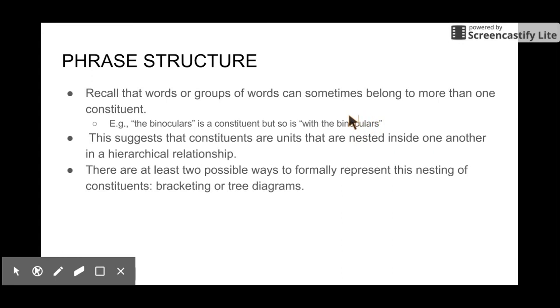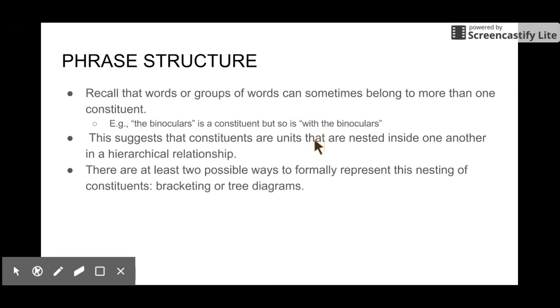For example, we can have a preposition preceding the binoculars, and we have with the binoculars. And then with the binoculars is another constituent, which means that we have a nested structure. The binoculars itself is a constituent, and with the binoculars is another constituent.